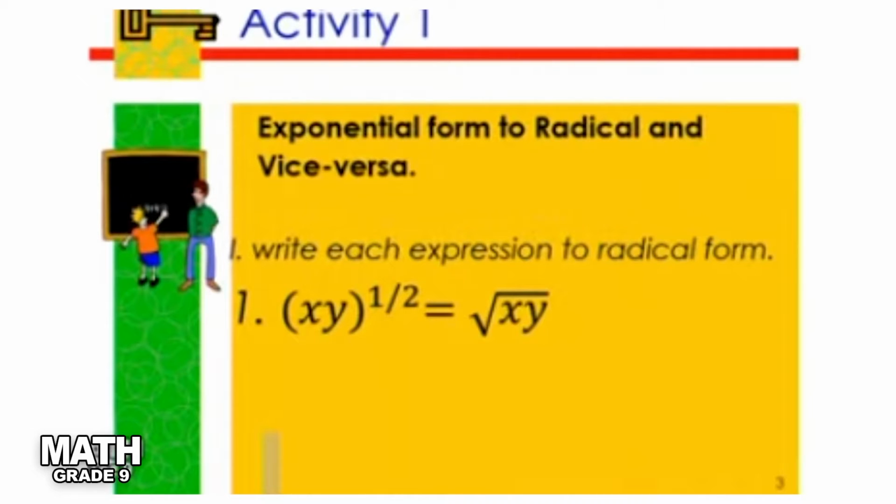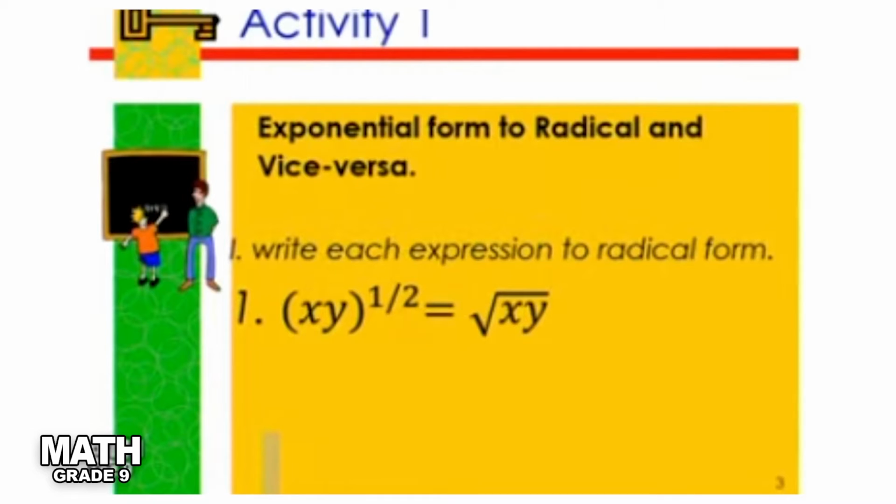For the first part, we have exponential to radical. We have the expression, the quantity of x times y raised to 1/2. Rewriting the expression in radical form, we have the square root of xy.